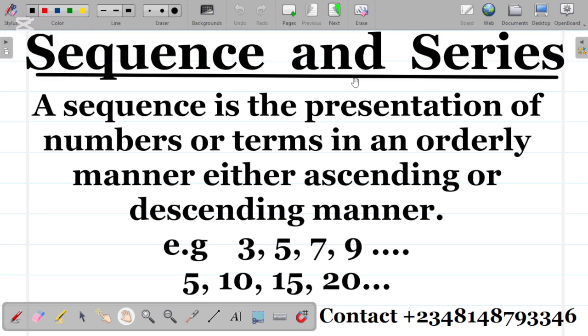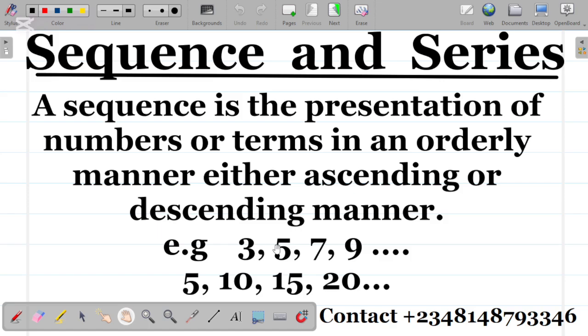What is a sequence? A sequence is the presentation of numbers or terms in an orderly manner, either ascending or descending. Now let's take an example. We have 3, 5, 7, 9, and it continues.